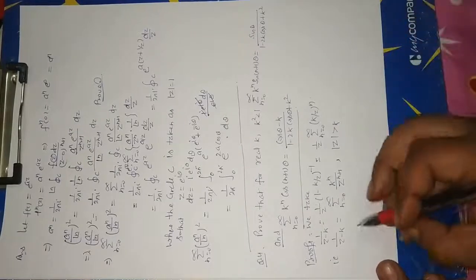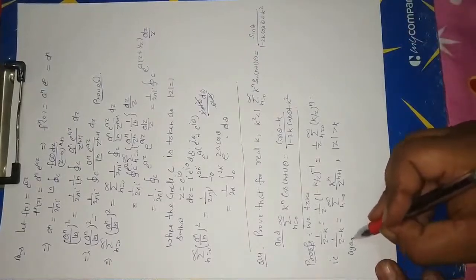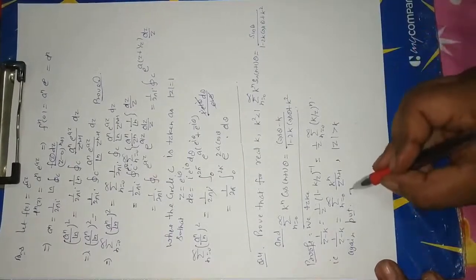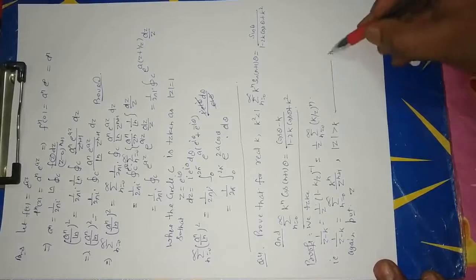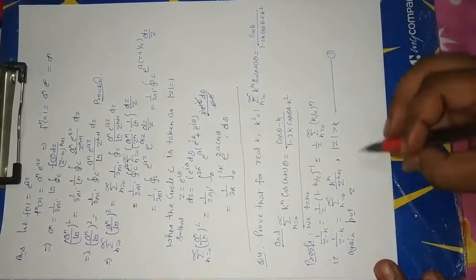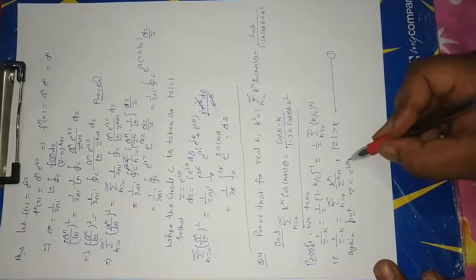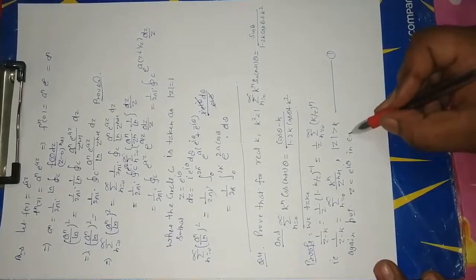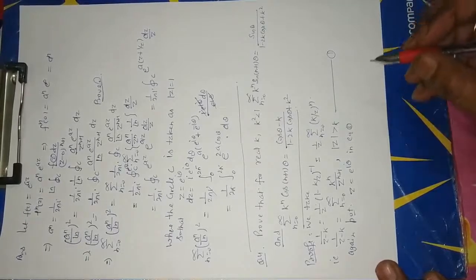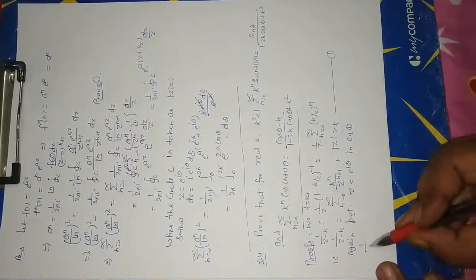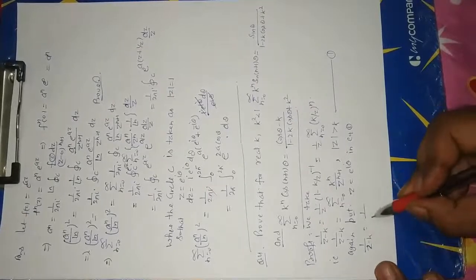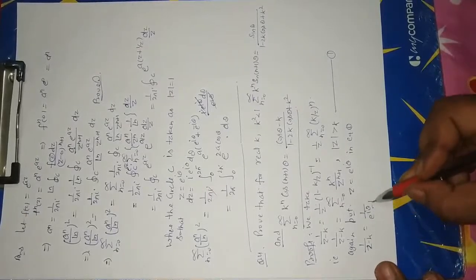Consider this equation number first. Again put z equal to e to the power i theta in equation first. Now 1 upon z minus k is equal to 1 upon e to the power i theta minus k.